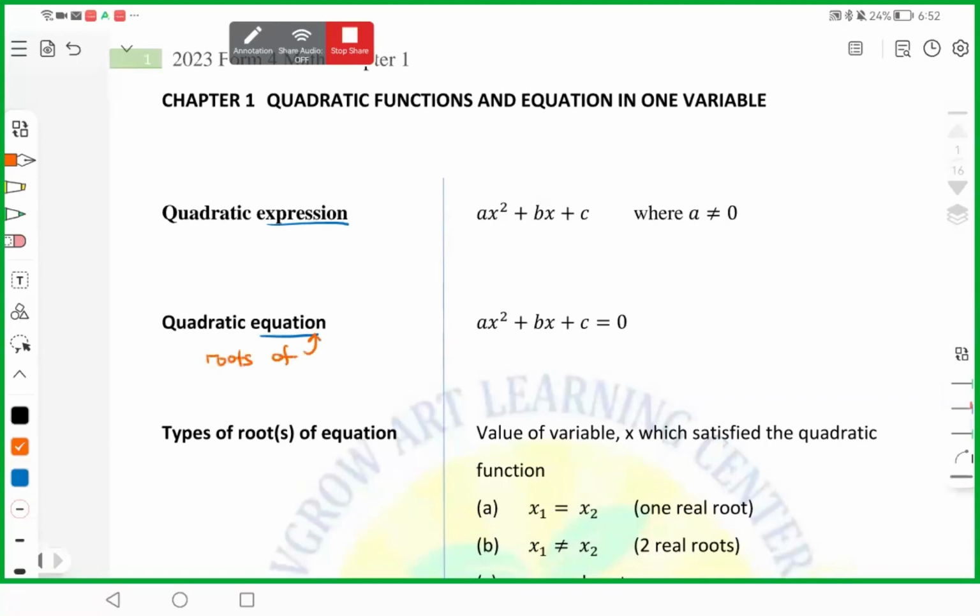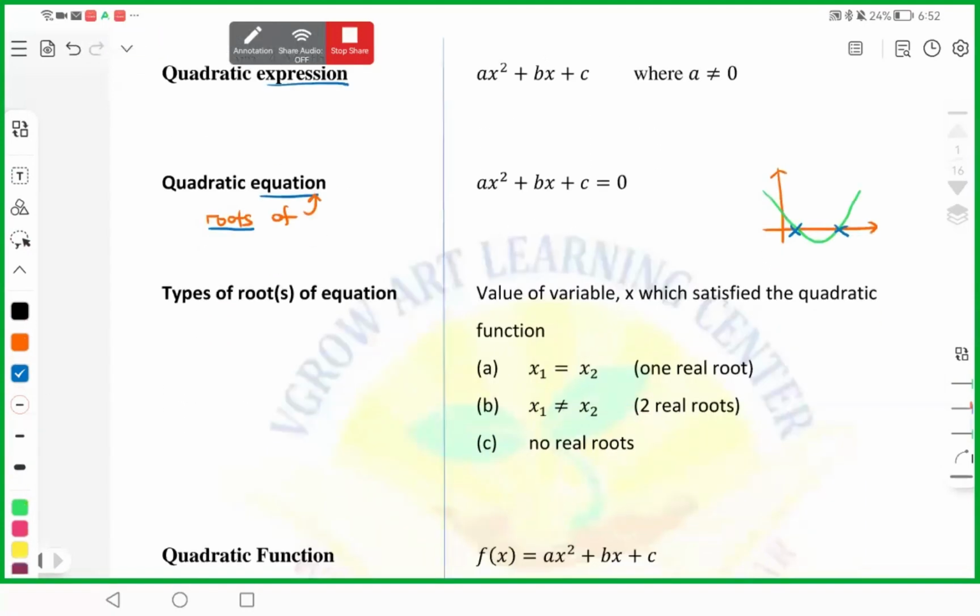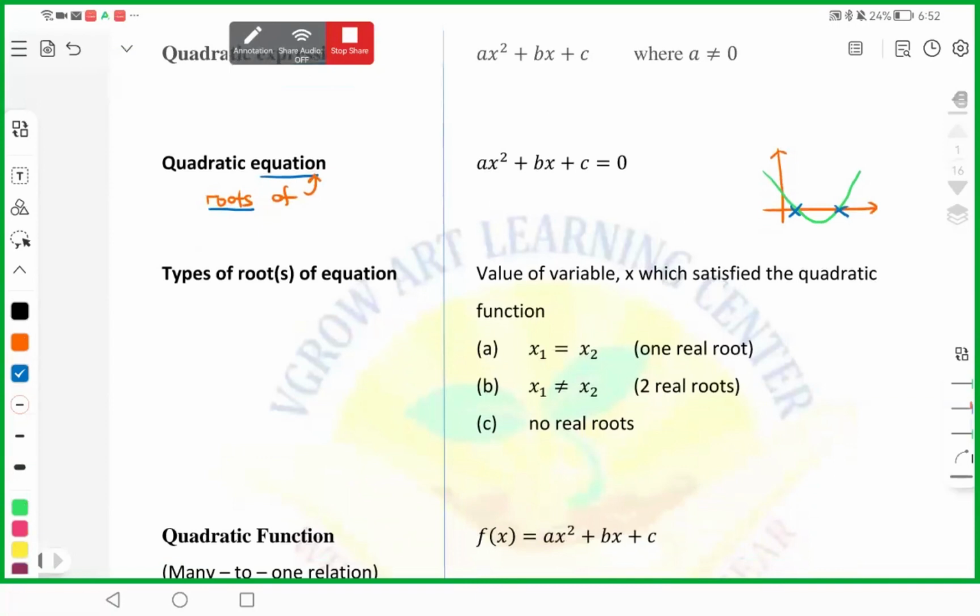And in graph form, we know that the roots of the quadratic equation are actually the x-intercepts. So this is also known as the roots of the quadratic equation. It's the same thing.